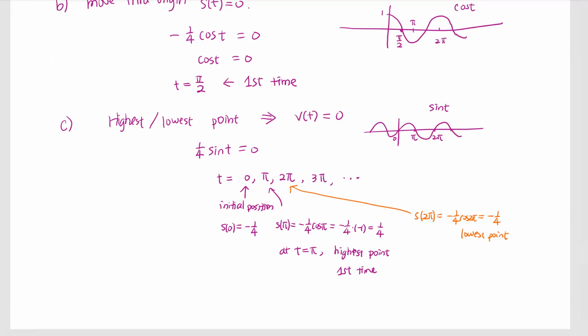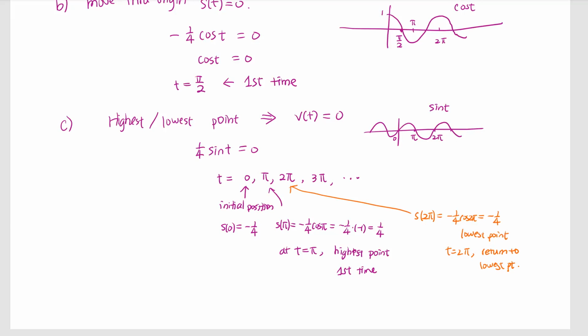This is the position where the block returns to the lowest point, when time equals 2 pi. Then at 3 pi it reaches the highest point for the second time, and so on. So far so good, everybody?